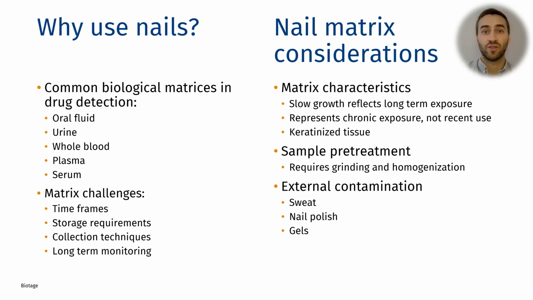However, they are a solid matrix, so the pre-treatment does require some grinding, pulverization, some homogenization, and you can have some external contamination, such as sweat, nail polishes, gels, so an efficient decontamination step is required prior to extraction.